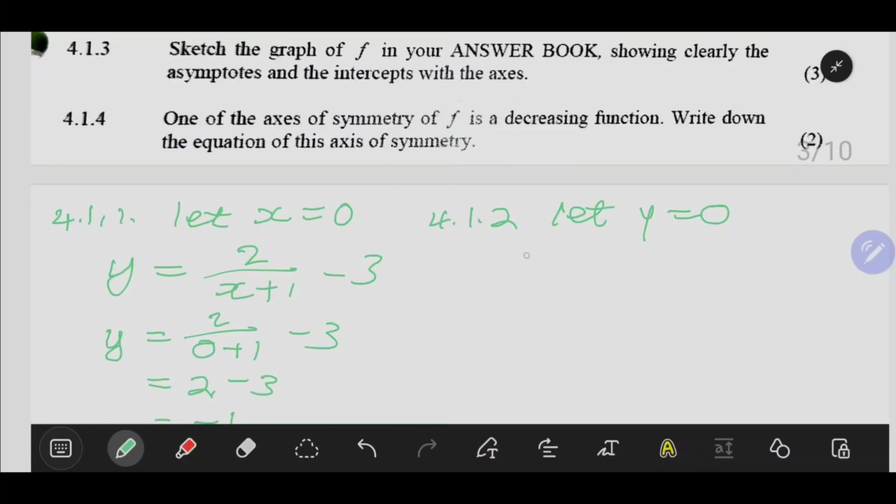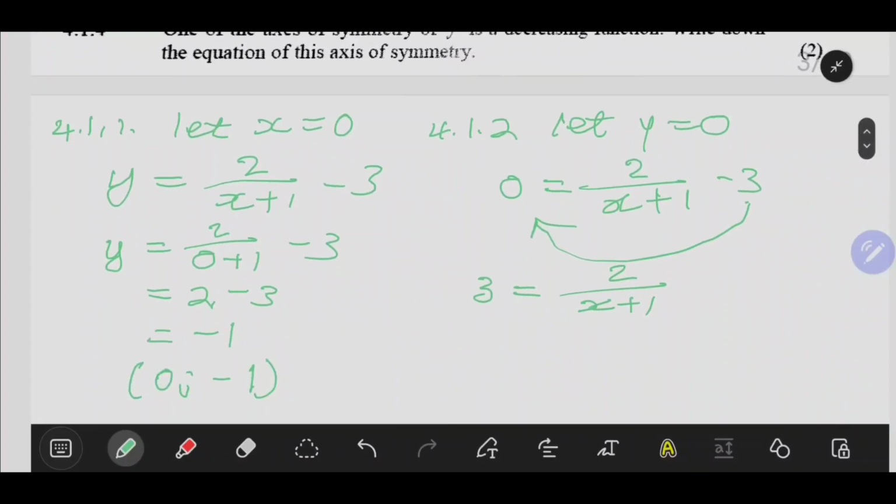So now we have 0 is equal to 2 over x plus 1, minus 3. In order for you to solve this, we have to take this 3 to the other side. Then it becomes positive. It means we have 3 equals 2 over x plus 1.